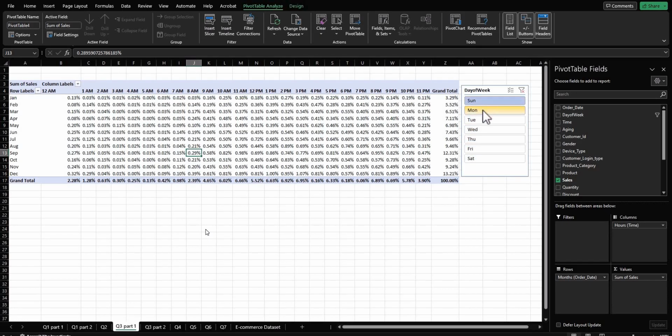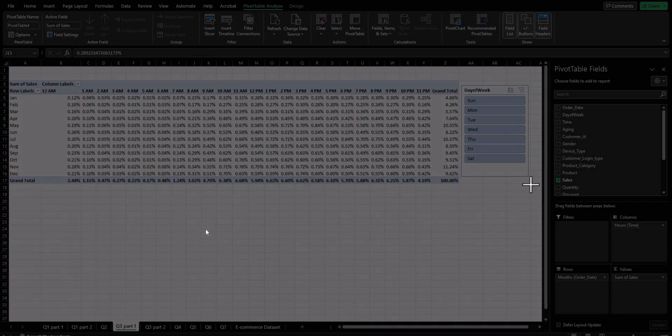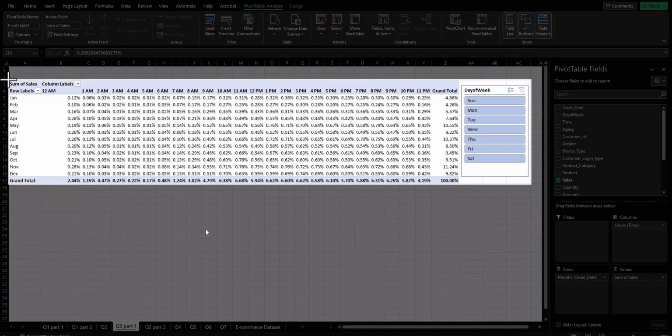If we look at the different days of the week, we can see how that changes. And we can also see how that changes per month as well. So, again, I'm going to grab a snip of this.